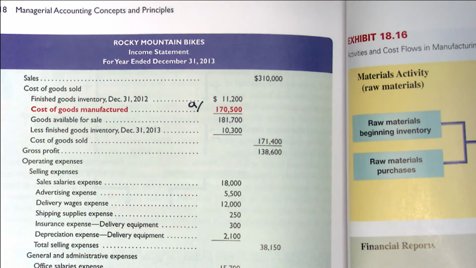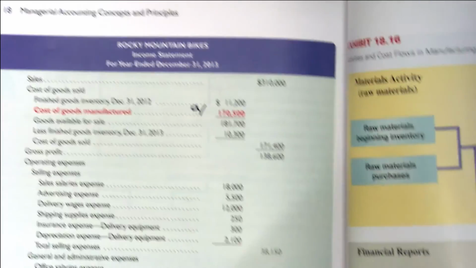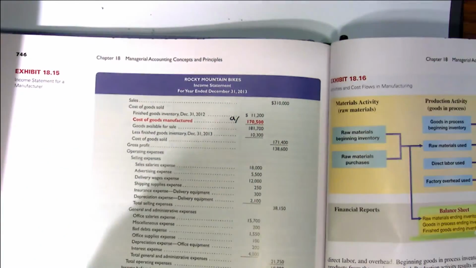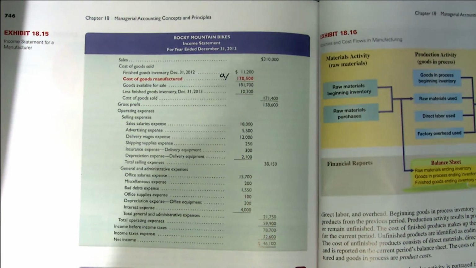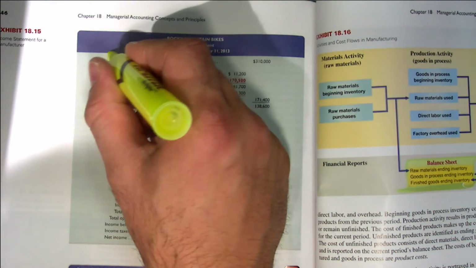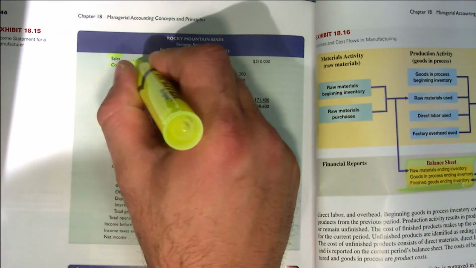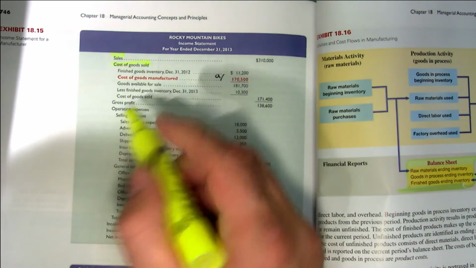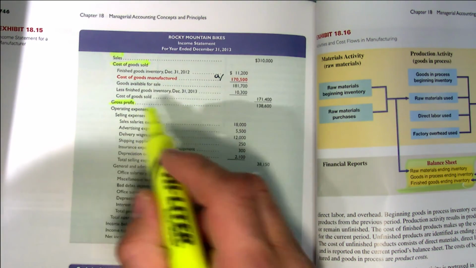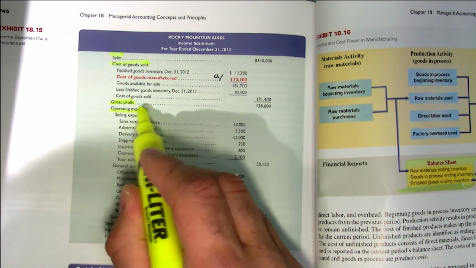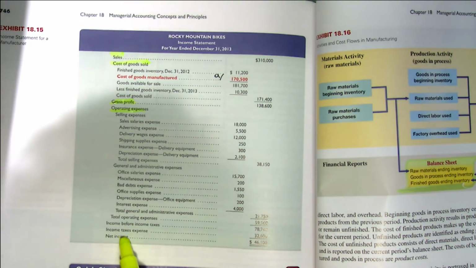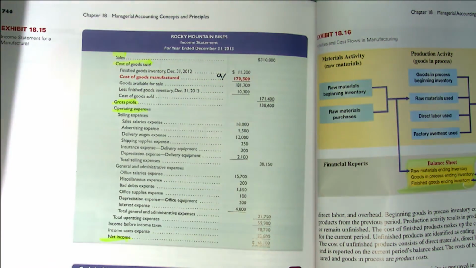Another way of thinking about this is, remember, let me back up here. Sales minus cost of goods sold equals gross profit less your operating expenses equals your net income. That's the basic structure of an income statement.